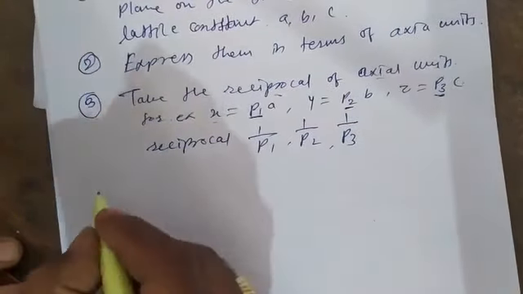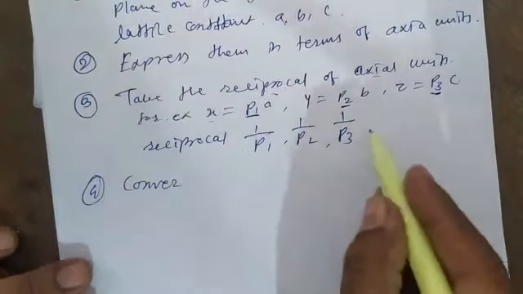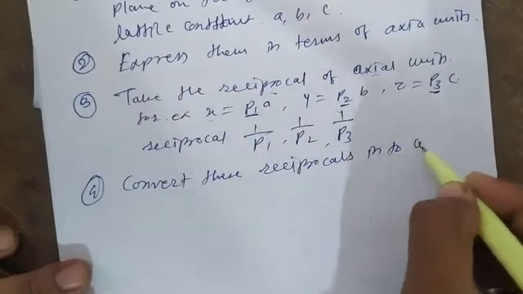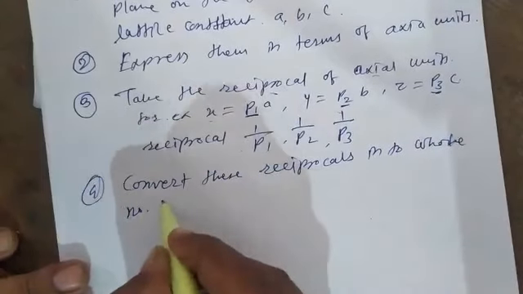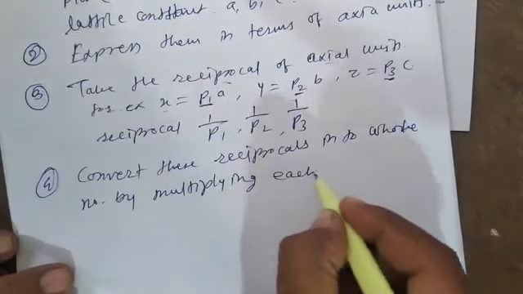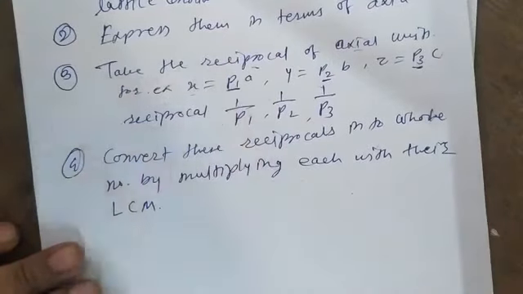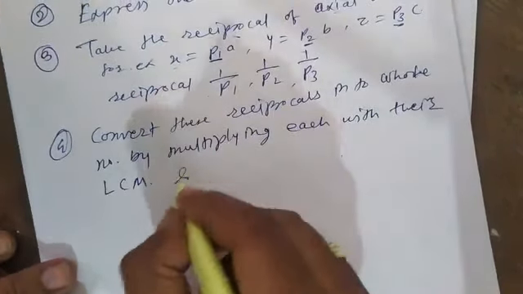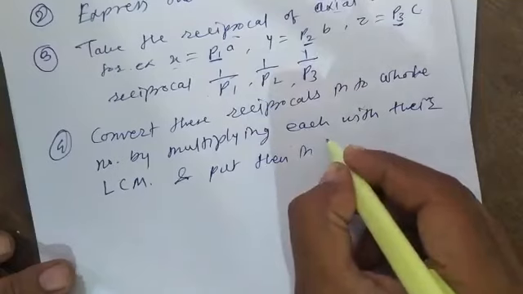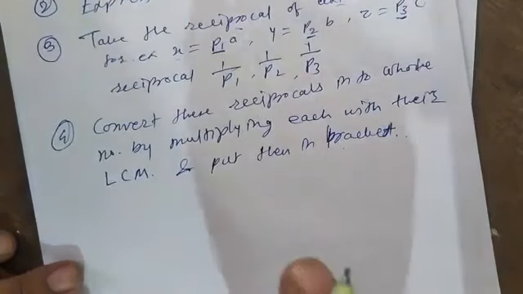And fourth is, convert these reciprocals into whole numbers. If fractions arise, then convert these reciprocals into whole numbers by multiplying each with their least common multiple, LCM, and put them in brackets.